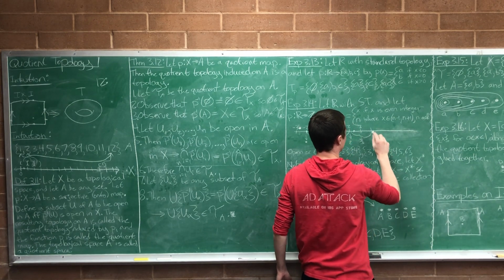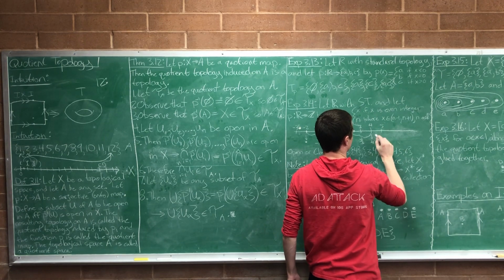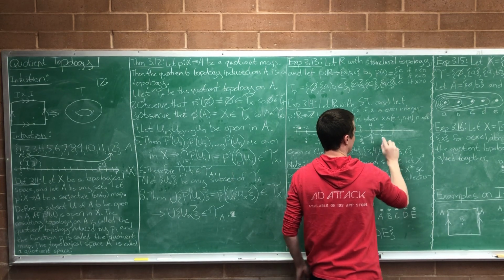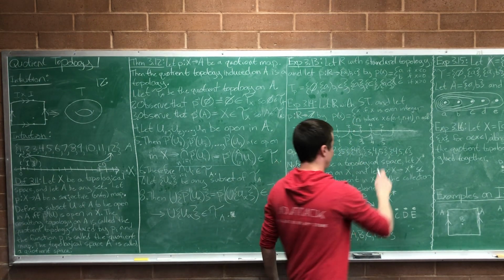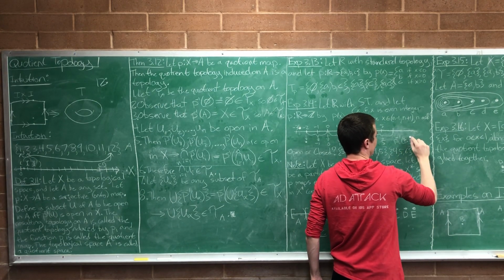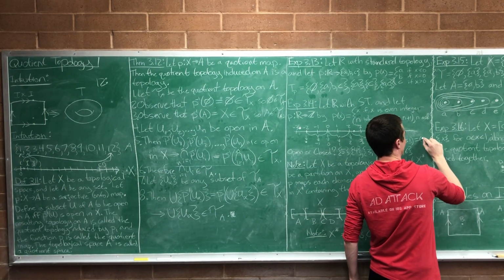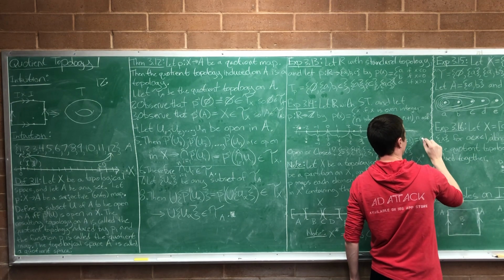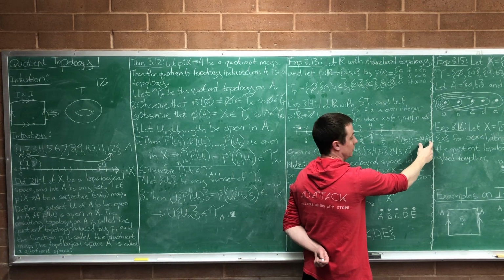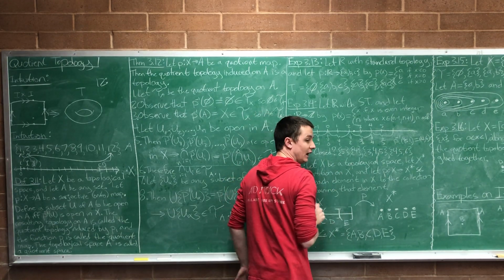It's the open interval from 4 to 6. To be completely correct, the pre-image of the set containing 5 is equal to the open interval from 4 to 6. Is this interval open in the standard topology on the real numbers? Yes. Then that set is open in our induced topology. So the set containing 5 is open.